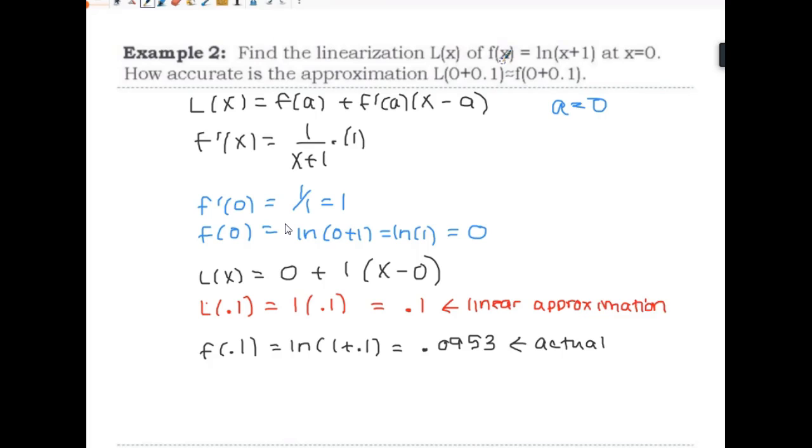So is my linear approximation an over or an under? It's an over. So what does that tell you about the natural log function? My approximation is an overestimate. The natural log is concave down.